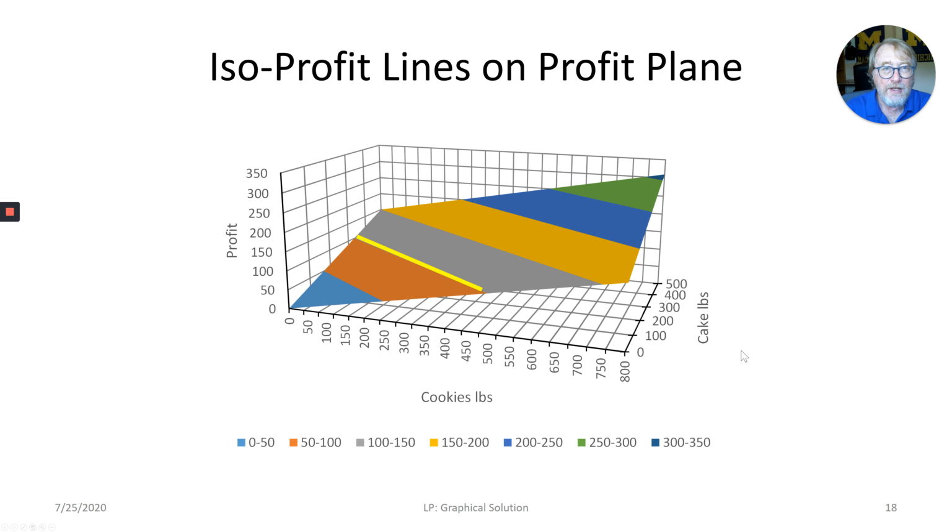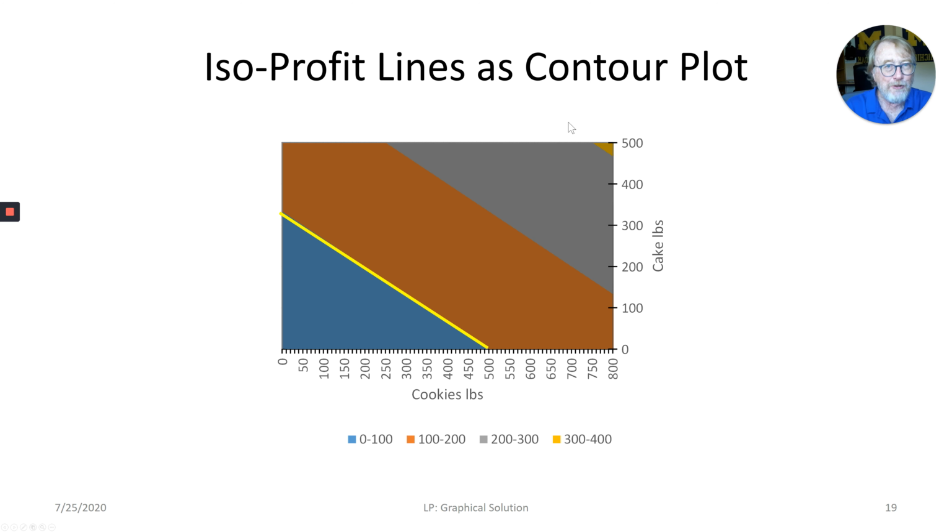Now, if you turn it into the cookie-cake space, on a contour plot, right? If you've ever gone hiking, you've seen contour plots before, and land elevation plots, and this is where that ISO profit line for 100 is, right along here. So all of these combinations of cookies and cakes along this yellow line will produce $100 for me, right?